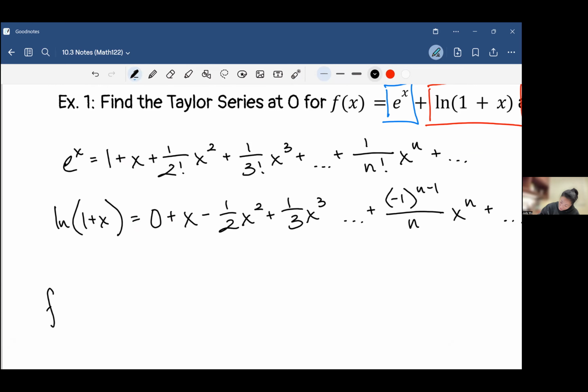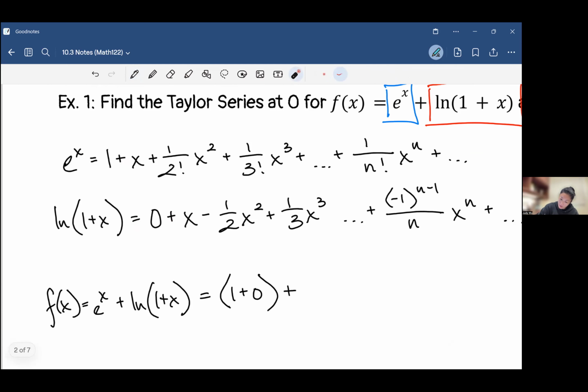So for f of x equals e to the x plus this natural log of 1 plus x, I'm going to get 1 plus 0, okay, plus, okay, 1x plus 1x, like those I can combine.